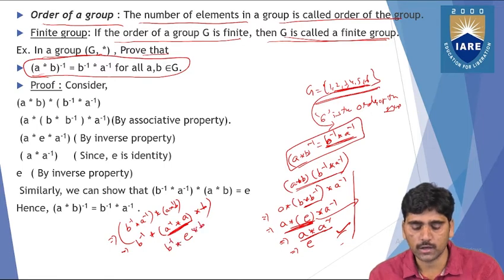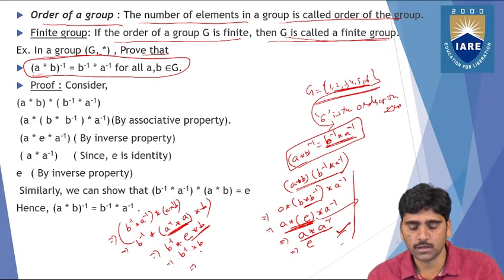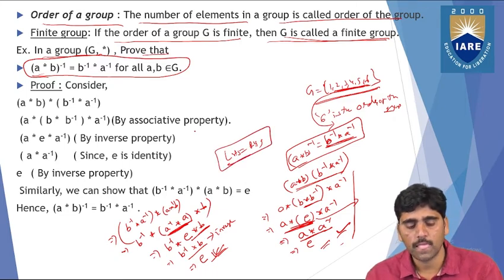And similarly, b inverse * e * b is nothing but b, by the identity property. And b inverse * b equals e from the inverse property. So the left side equals e and the right side equals e, so LHS equals RHS. Like this you can prove the formula: (a * b) inverse equals b inverse * a inverse.